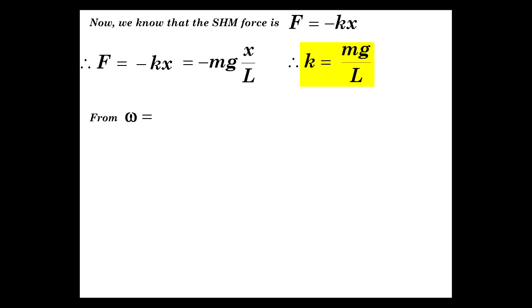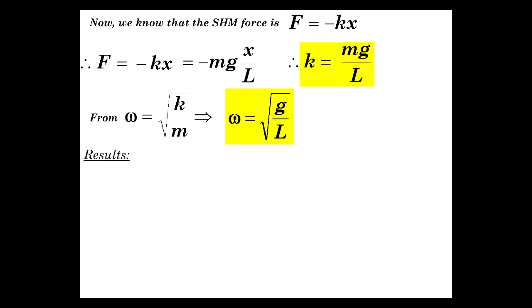So in that way, it's proportional to x. Well, remember omega. Omega is square root of k over m. Here's our k, and we divide that by m, and we get g over L. So omega is also equal to square root of g over L. Oh, that's really useful, because now we have the counterpart to the spring mass system omega, square root of k over m. For a pendulum, it's square root of g over L.